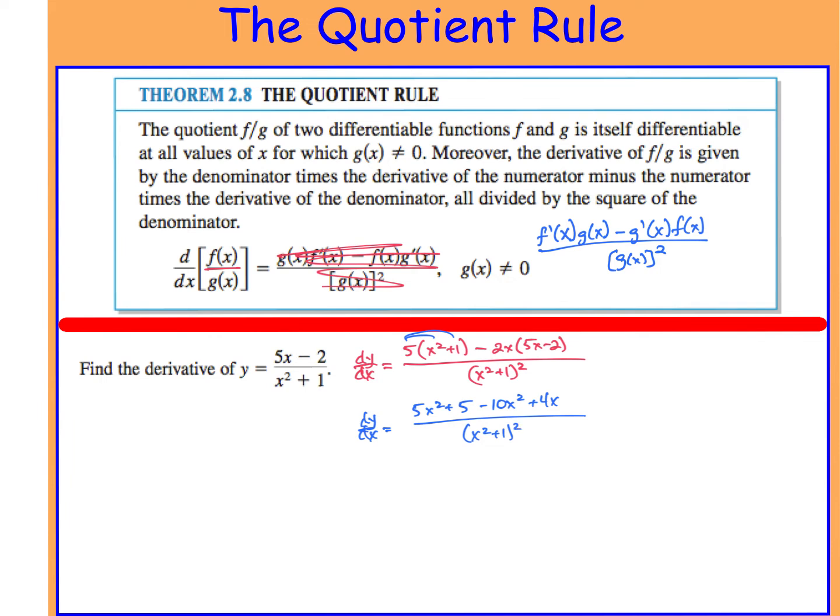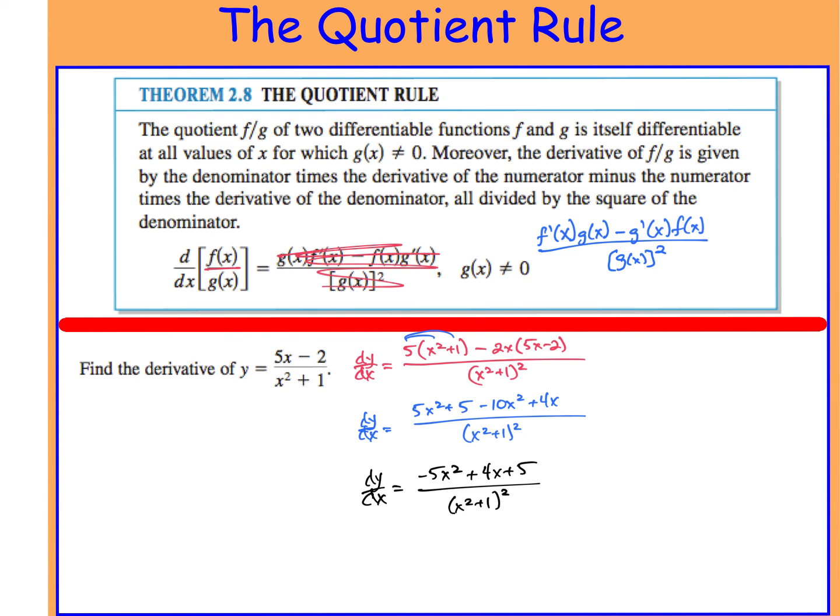Now we simplify the top a little bit. How many x squareds do I have? dy dx equals negative 5x squared plus 4x plus 5 all over the quantity of x squared plus 1 squared.